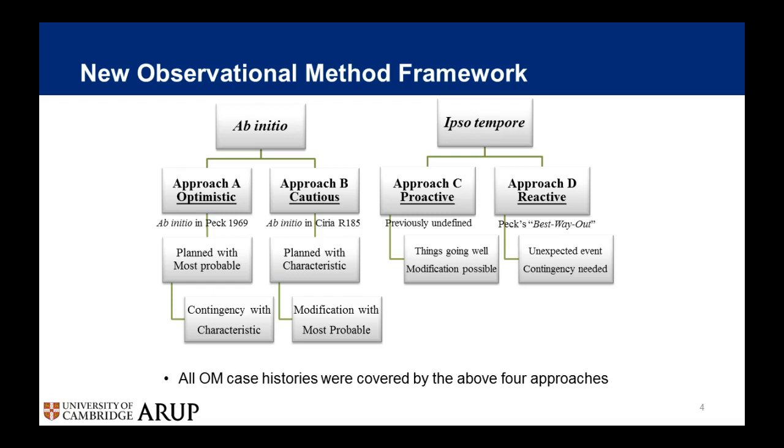Cautious Approach B is similar to the cautious ab initio recommended in CIRIA report 185, which means the design starts with the characteristic parameters, but a modified design is prepared with most probable parameters, so when the condition is right, we can switch to the modified design.